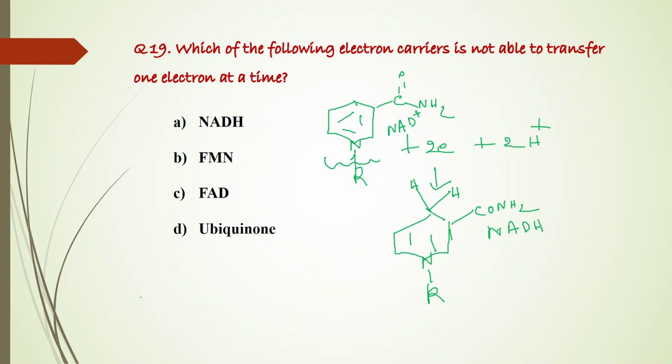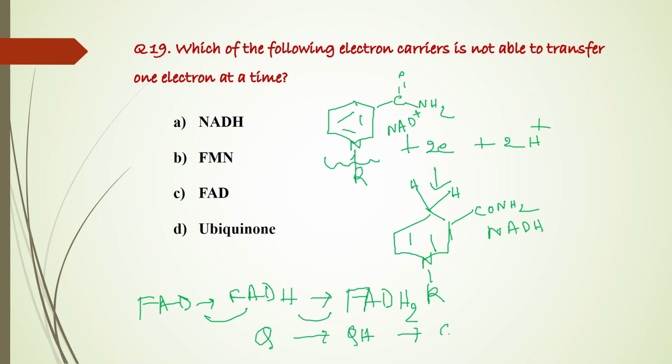If you remember, in case of FAD we can go from FAD to FADH, that ultimately again can get reduced to the final reduced form FADH2. That means two different processes can happen. Similarly we can get from Q to QH as well as QH2. But in case of NAD plus, the direct conversion happens to NADH.